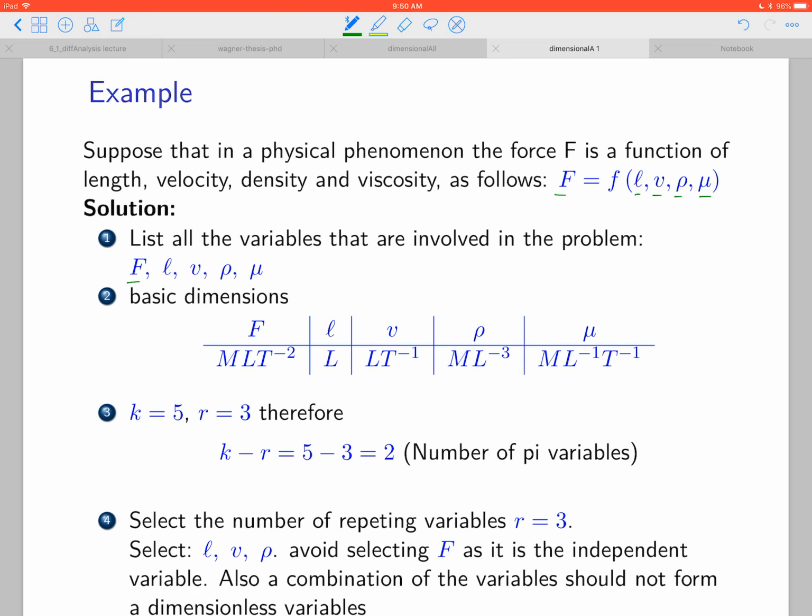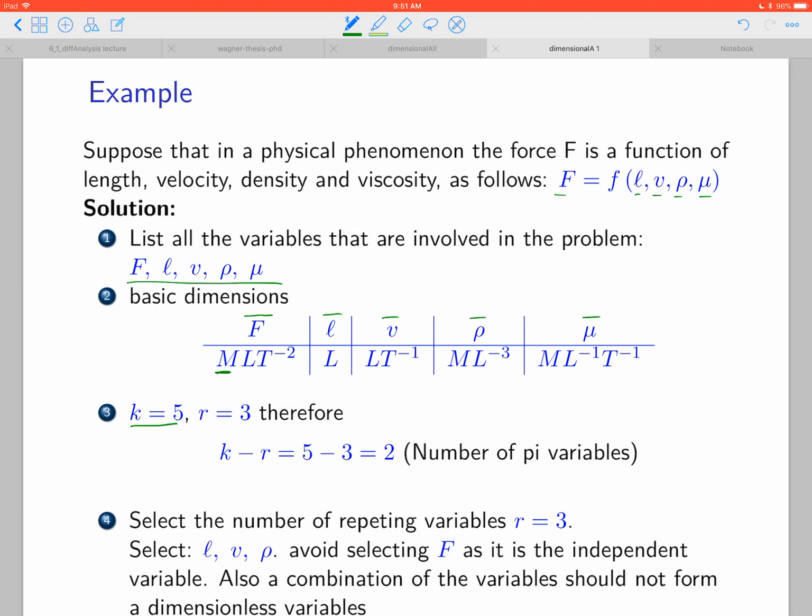So we list them, that's the first step, and basic dimensions, so we compose the table. For the force, we have the dimensions, for the length, velocity, density, and viscosity. So these are the dimensions. And then we count: we have 5 variables, and we are going to count how many basic reference dimensions we have.